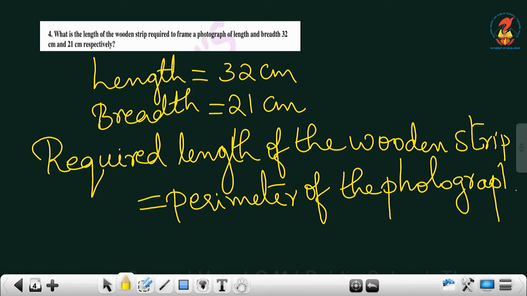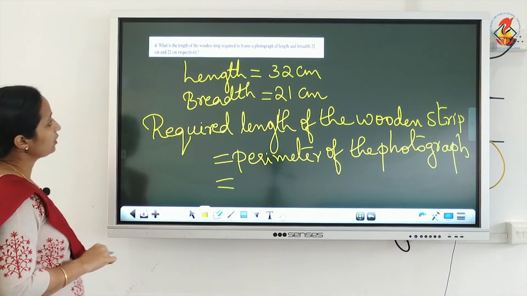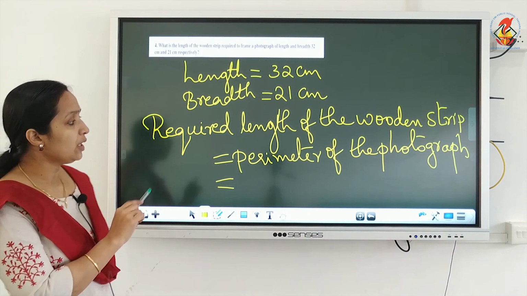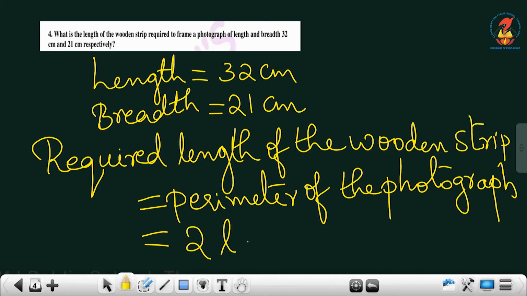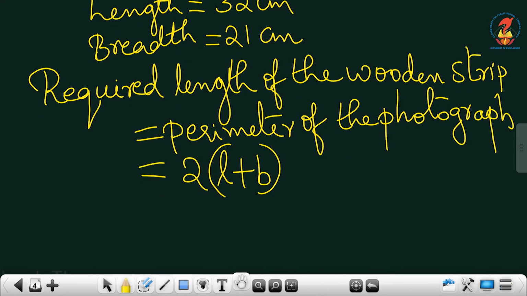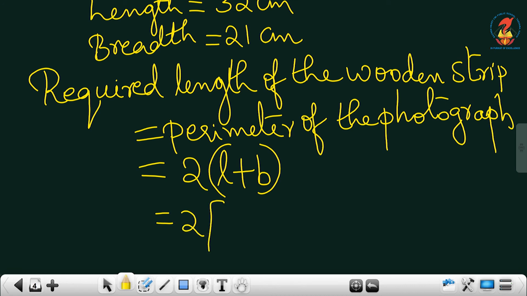Okay, children. Now, what is the formula for finding perimeter? 2 into L plus B. That means, what is the length here? 2 into 32 plus 21. 32 plus 21 is 53.